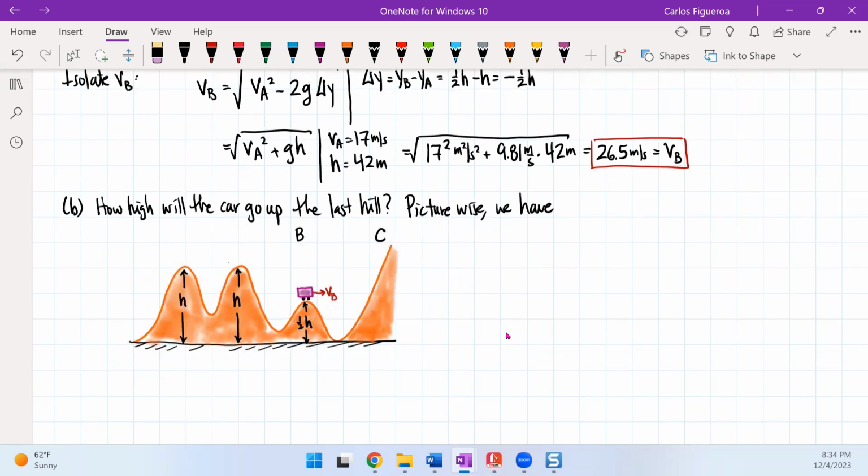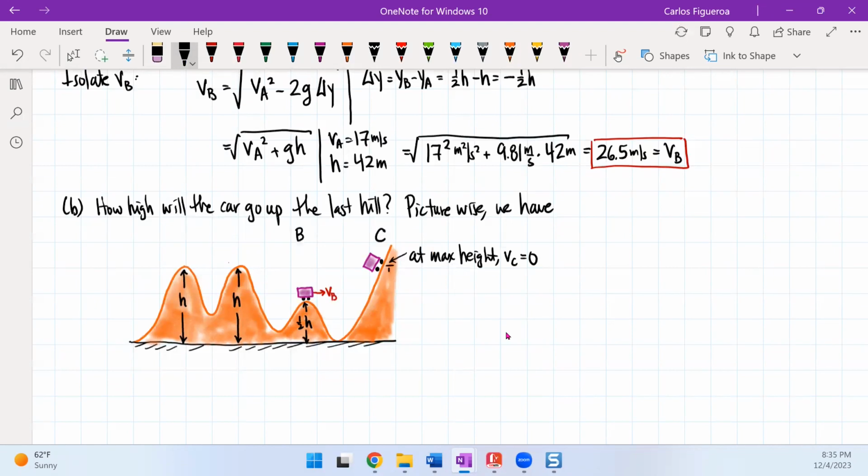I'm only going to focus from B. And what we should expect here is that when it gets to its maximum height, at max height, the speed VC should be 0.